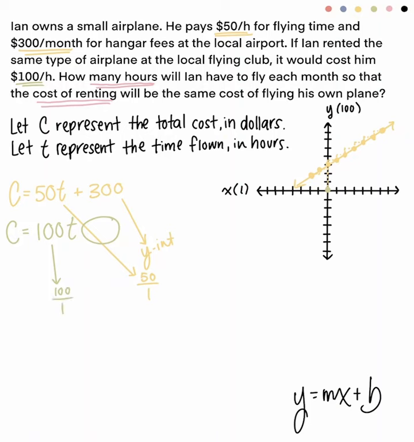So I'm going to go up 100 and over 1. Up 100 and over 1. Up 100 and over 1. Okay, I think I see where our points are intersecting here.